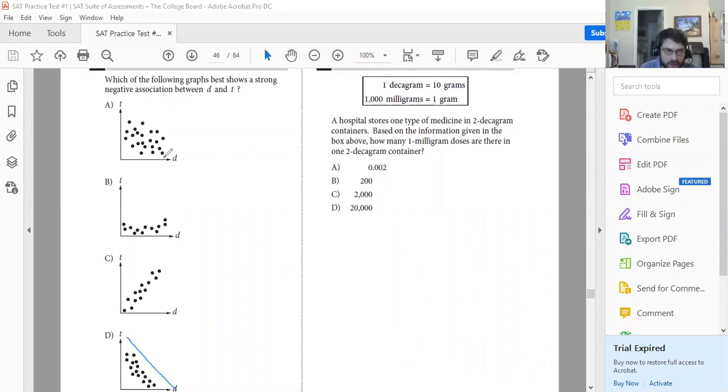And strong negative means that all the dots are closely related, meaning there's a strong correlation. This is considered a weak correlation, they're all kind of scattered around. This is a weak negative correlation. This would kind of be like no correlation. This would be strong positive. So this is weak negative, nothing, strong positive, strong negative. This will be your answer.